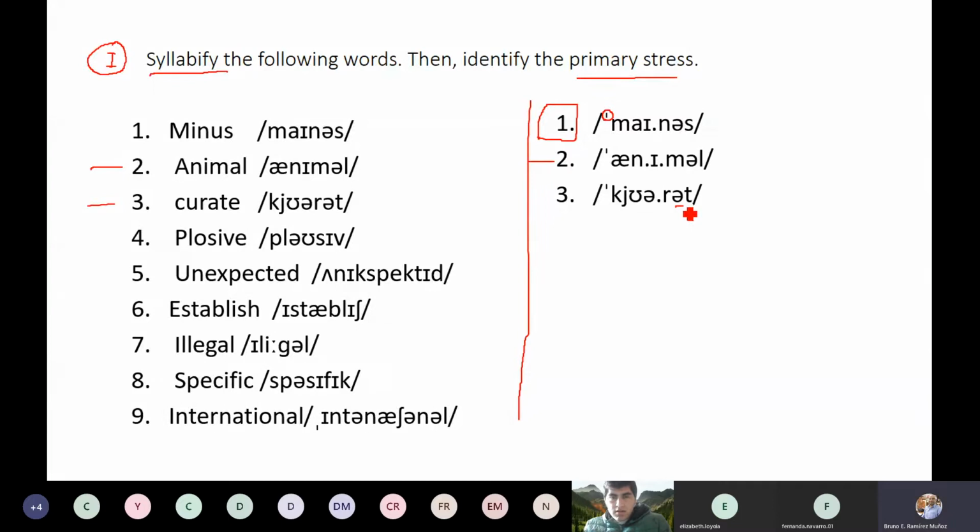We have a nucleus here composed by a diphthong, right? Curate. And then in this case, the intervocalic is placed as the onset of the second syllable. Curate, right? Let's take a look at the next one. Let's see if this clarifies a little bit more. Anyone interested?